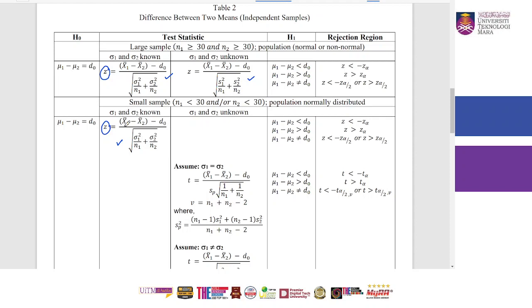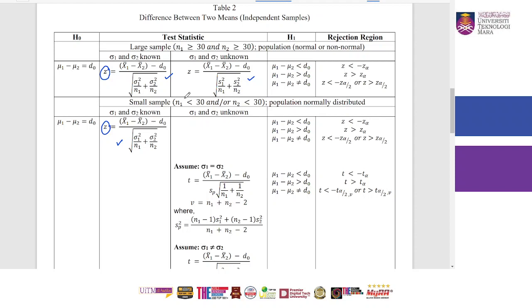So kalau katakan yang ni normally distributed, is okay. Tapi kalau katakan untuk yang large sample size, it doesn't matter whether it is normal or non-normal, as long as it is large sample. But for a small sample size, you require that the population is normally distributed or approximately normal.